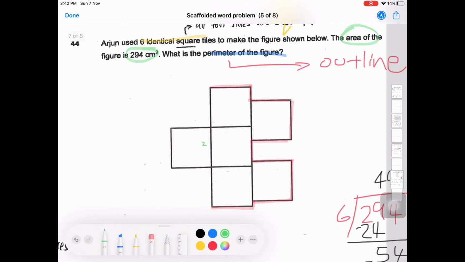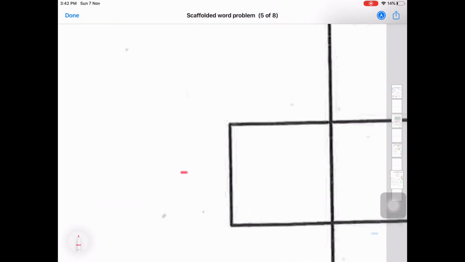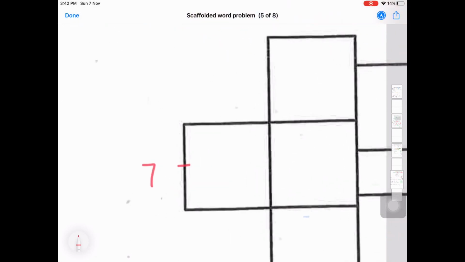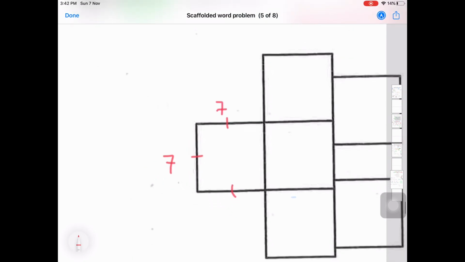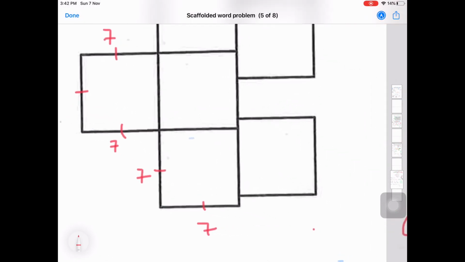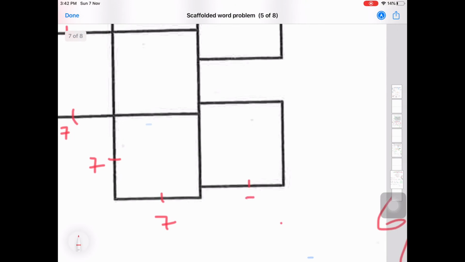I'm going to write down what I have found, which is the side of a square. That's 7. So we know that this is 7, 7, 7. This is 7. This is 7. I'm just going to focus on the outlines because we are going to find the perimeter. 7.